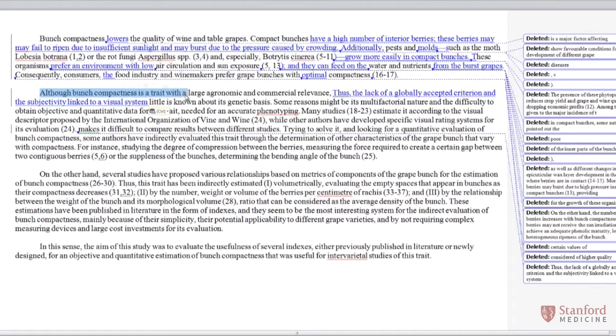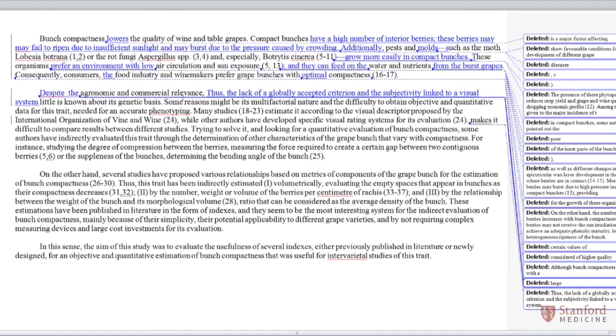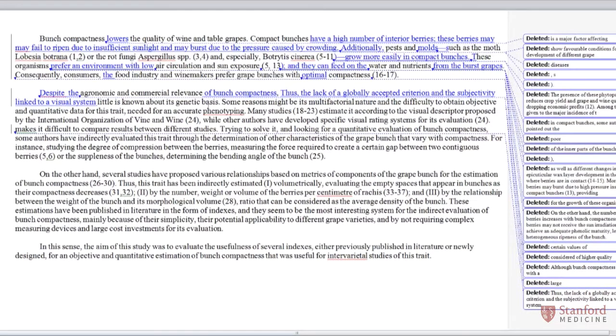Despite the, I don't know if we need large here, the agronomic and commercial relevance of bunch compactness, there is no globally.